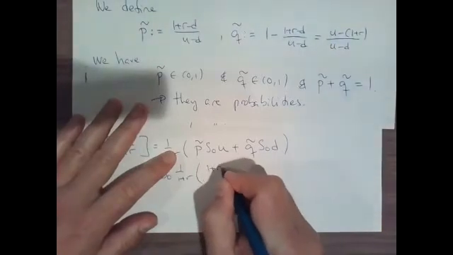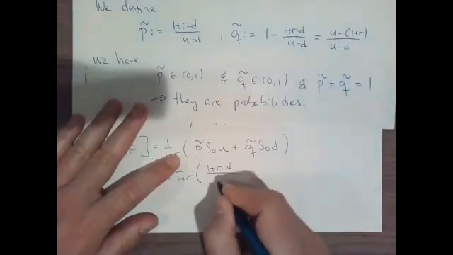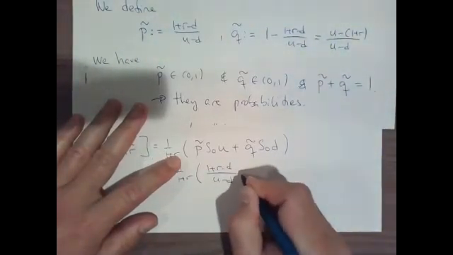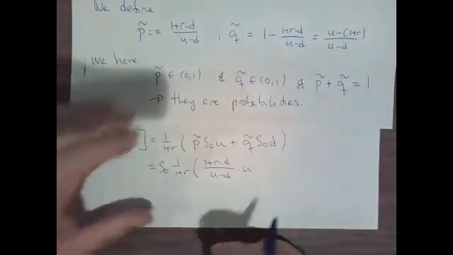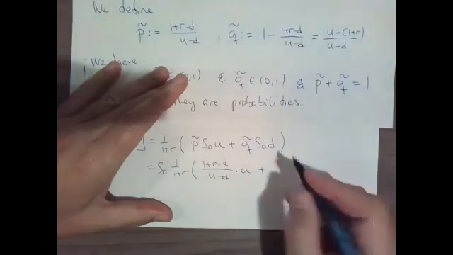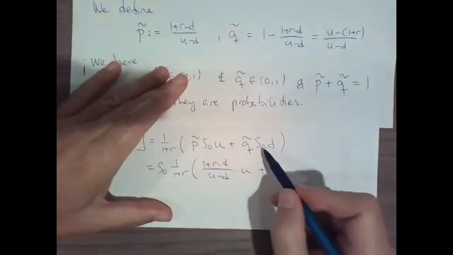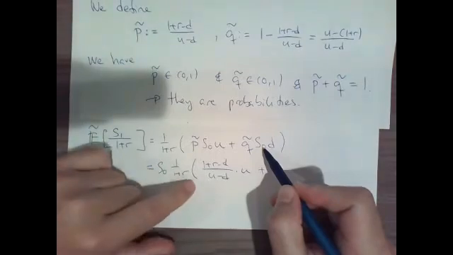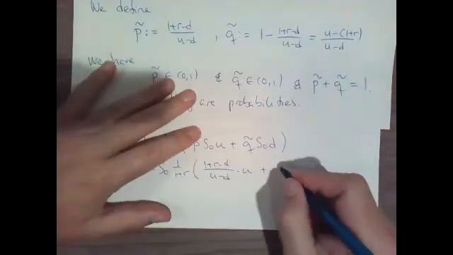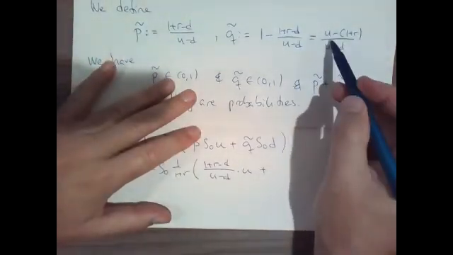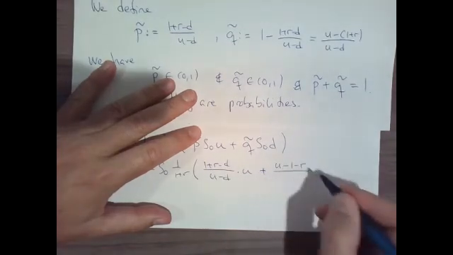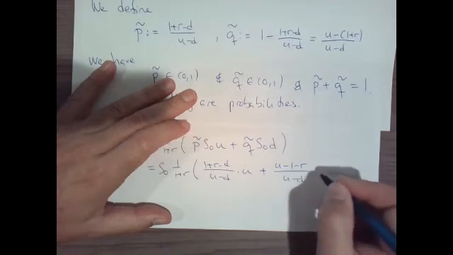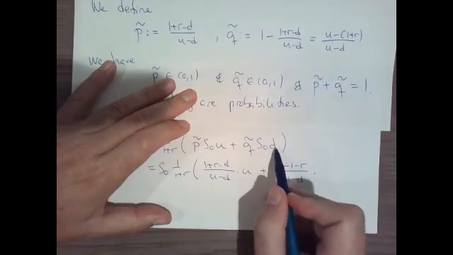This is 1 plus R minus D divided by U minus D times U, plus, and then we have S0 went outside. We have Q tilde, which is U minus 1 minus R divided by U minus D times D.